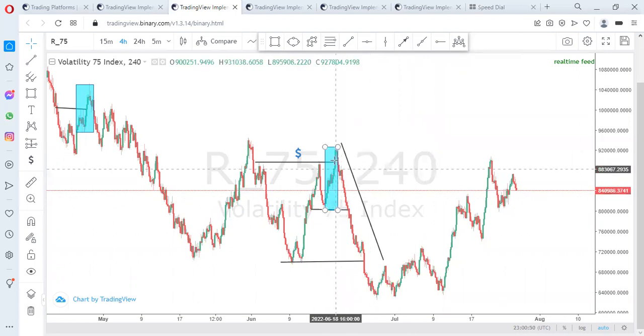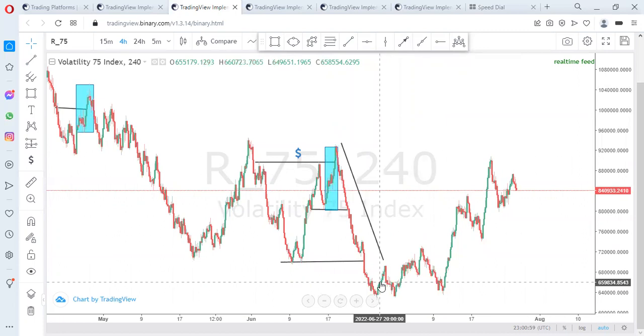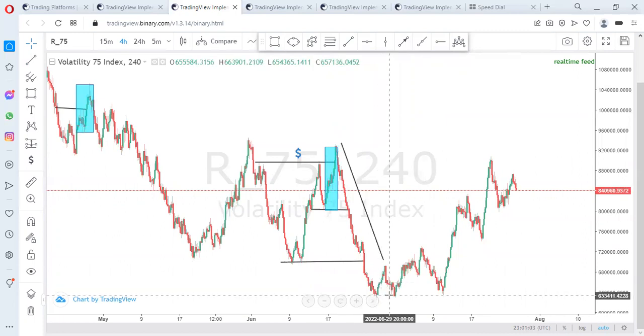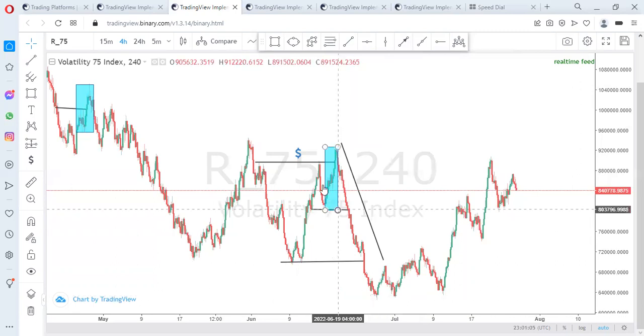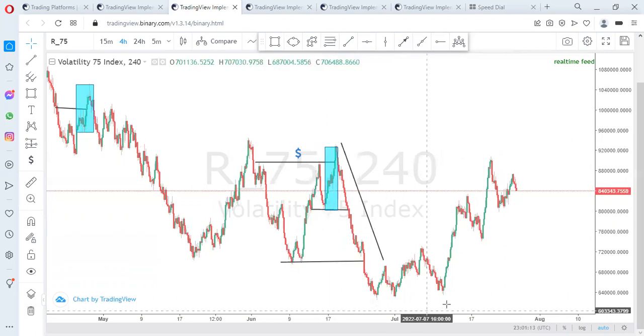Just imagine they bought with, let's say, one standard lot size here, and they sold with three standard lot size. In essence, what does that mean? It means that they are in drawdown on the one standard lot size they bought with, but on their sell they are in profit.